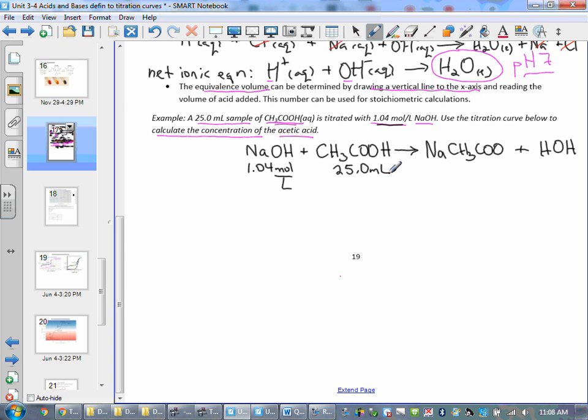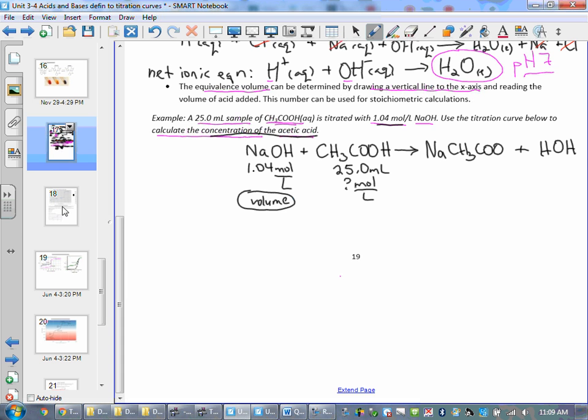The concentration of the CH3COOH, the concentration of acetic acid. So what did we usually also have here? Volume. So we're going to get that volume on our next page from the graph. Rather than doing an initial and a final burette reading, we're going to figure out what that equivalence volume is from our graph on the next page.